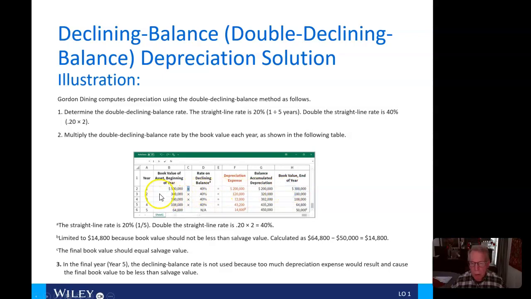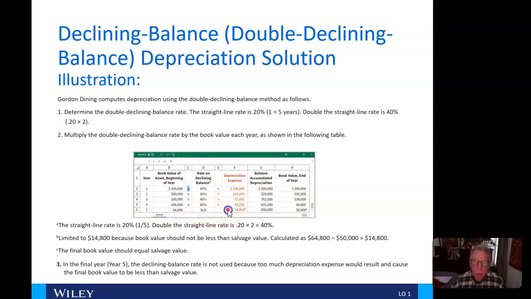Now we start the process over. We bring the 300,000 over to here, multiply by 40%. That gives us $120,000. That increases the accumulated depreciation by 120,000 and decreases the book value by that 120,000. And we do that all the way to year 5 in this case.